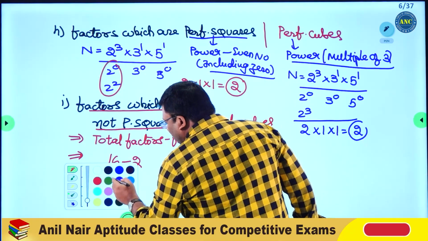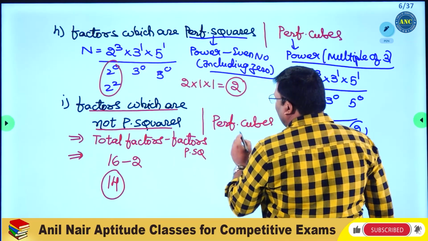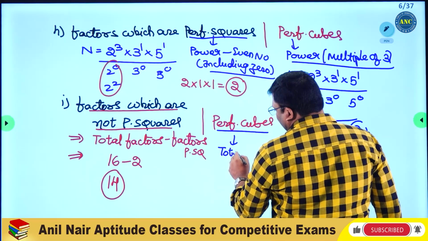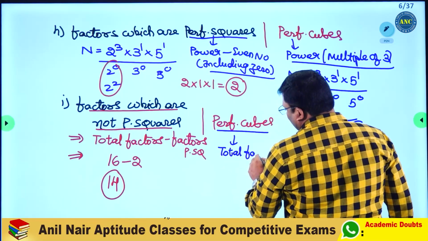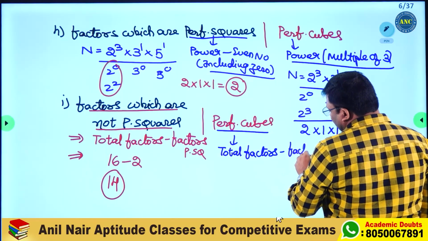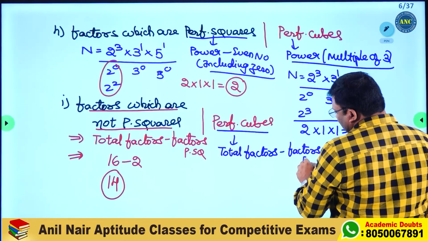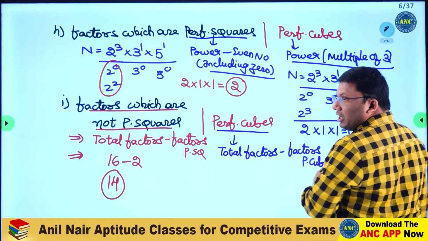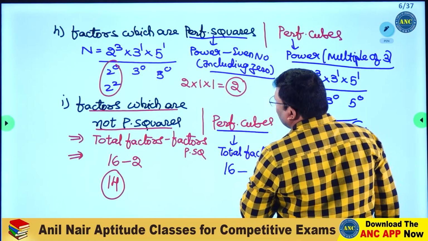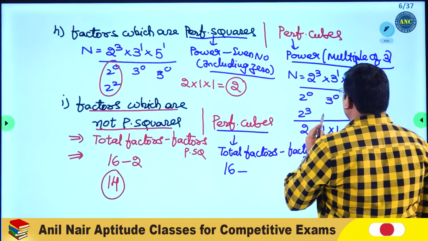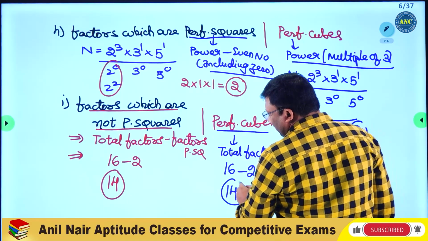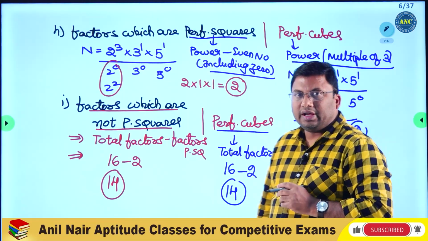How to find out the total factors which are not perfect cubes? It is total factors minus factors which are perfect cubes. Total factors is 16. Factors which are perfect cubes is 2. 16 minus 2 is 14.